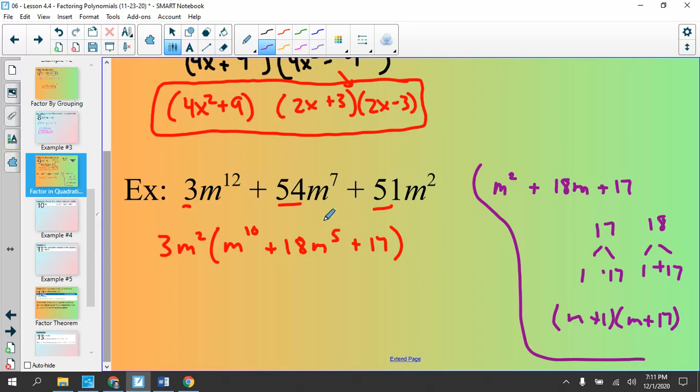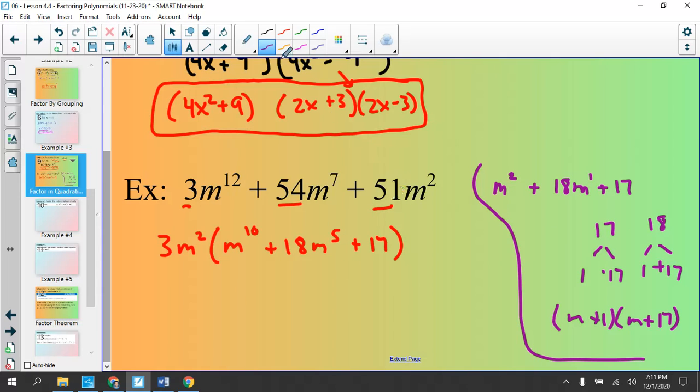It actually turns out that the process for finishing this one is exactly the same as this. So what's the recognition? What do I need to see? I need to see this exponent being twice as big as this one. Because if you think about it, this exponent 2 has always been twice as big as this one, which was 1. So with this 10 and this 5, I can treat this exactly like we did here.